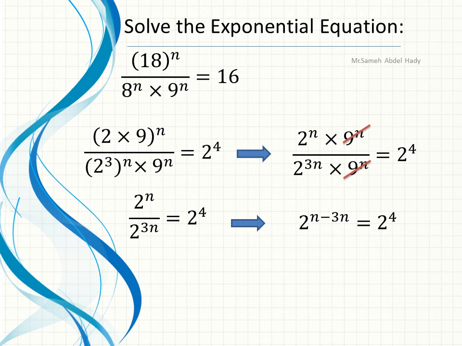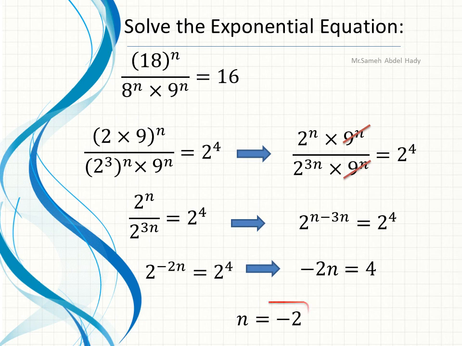In division of bases, I subtract the powers as we learned before. So I have 2 power negative 2n equals 2 power 4. So I have base equal base, then I write power equals power. Negative 2n equals 4, so I have n equals negative 2.